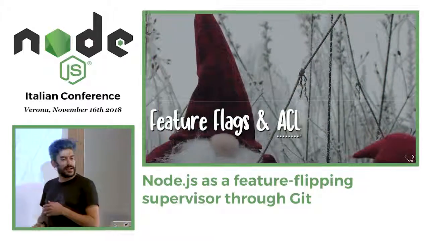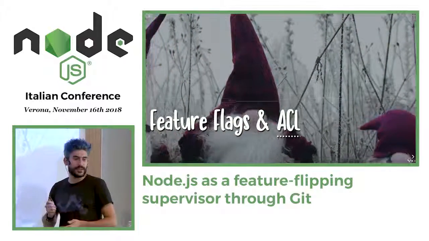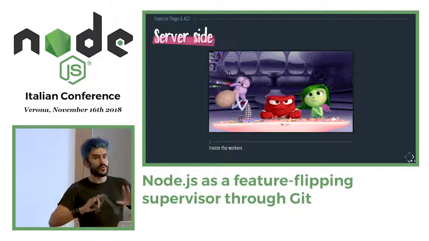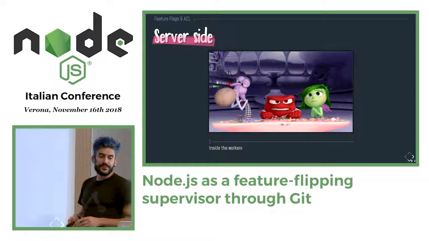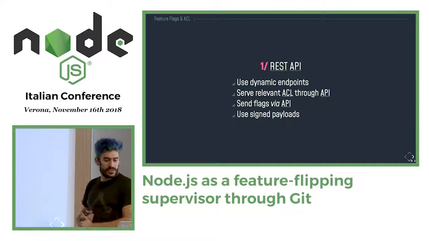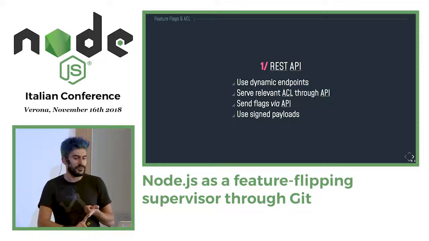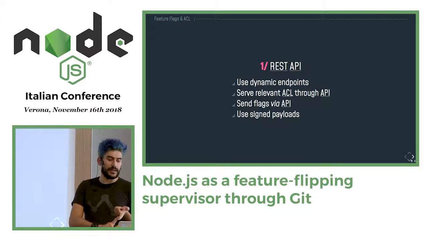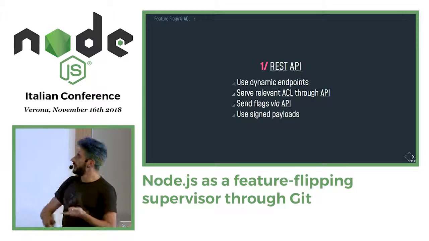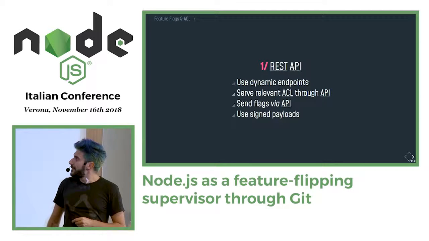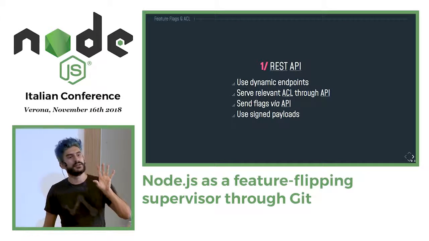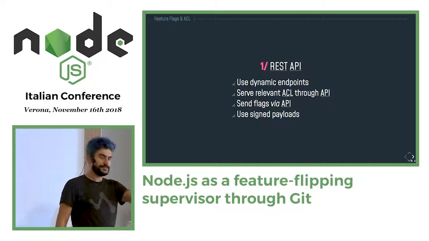So about feature flags and ACLs. On the server side, so inside the workers, about the REST API, you can use dynamic endpoints. You can serve your relevant ACL through your API, so it's easy to push the ACL and the features to your clients.